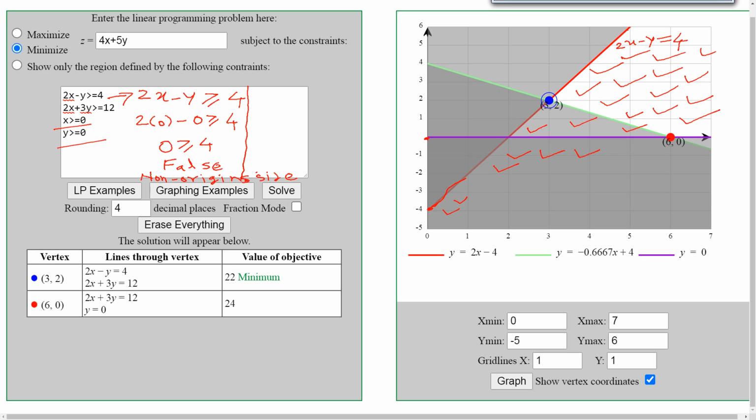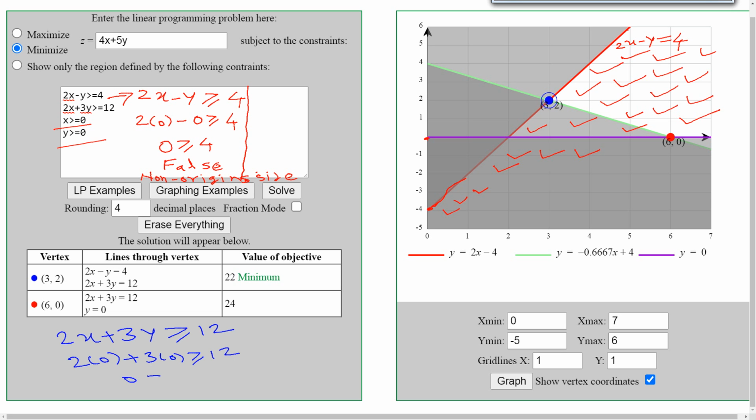Now we are going to determine the feasible region for the second constraint. The second constraint is 2x plus 3y is greater or equal to 12. Again put x as 0 and y as 0. So 2 into 0 plus 3 into 0 is greater or equal to 12.